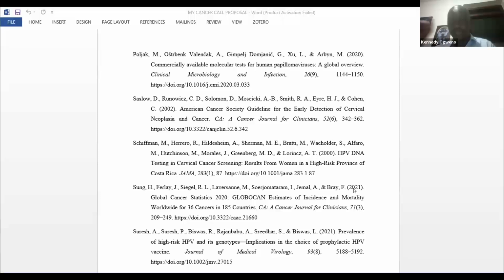Every funder has a template, and every budget normally has the justification part of it. You must justify why you need one car and not 2 cars. You must justify why you need 2 data analysts and not 1. So there is a bit of justification. It's very key. Thank you so much for that question.